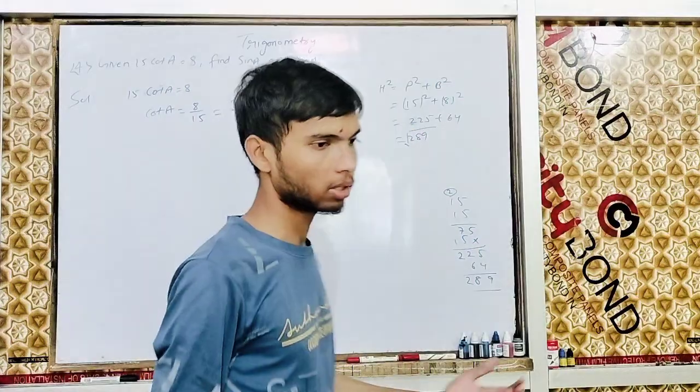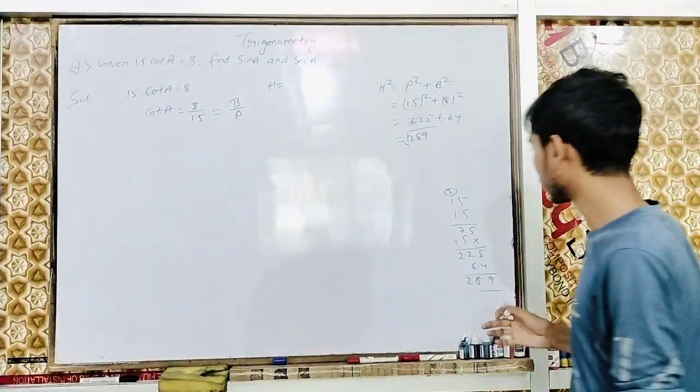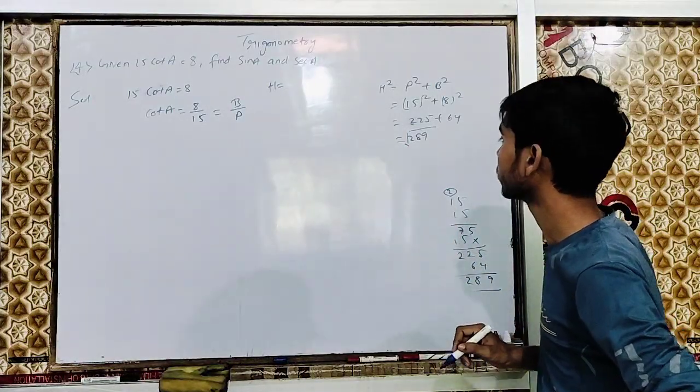So what is the number which would be a perfect square of this? I think it should be 13. No, no, no. It should be what?